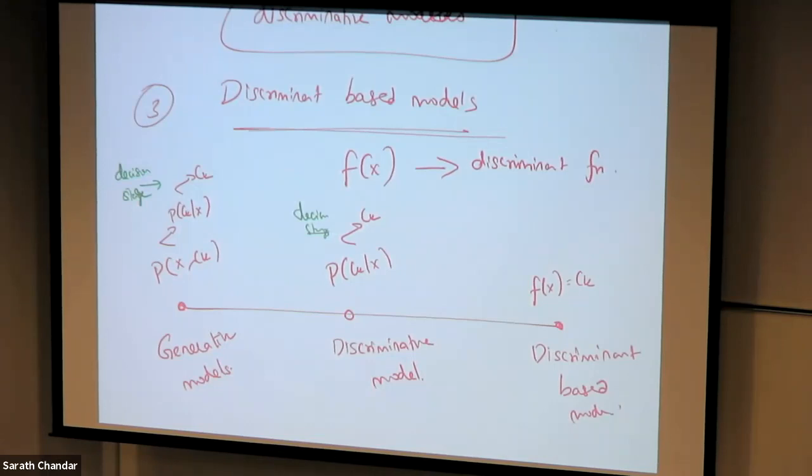It directly gives me the class. Now, there are advantages and disadvantages to picking one of these. Probably this is not the time to discuss that. First we are going to see some example algorithms for each of these, then you will start appreciating which model to use when. After a few weeks, we are going to come back to this spectrum and talk in detail about how the advantages and disadvantages differ, after we have seen some example algorithms.